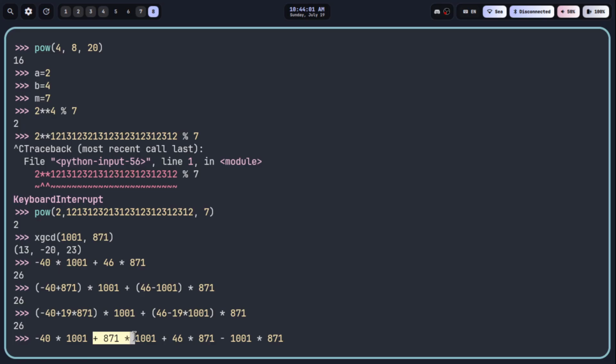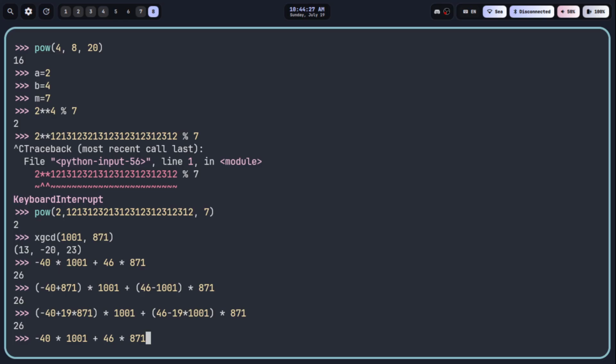So we see that after we expand our equations, we get this monstrosity of an expression. But we see that we have 871 times 1001, negative 871 times 1001. So, yeah, they cancel each other out. And we get negative 40 times 1001 plus 46 times 871.